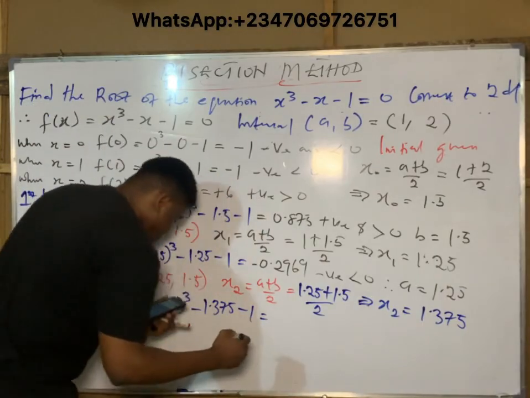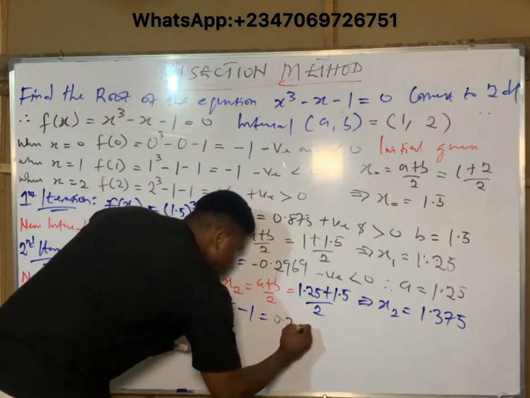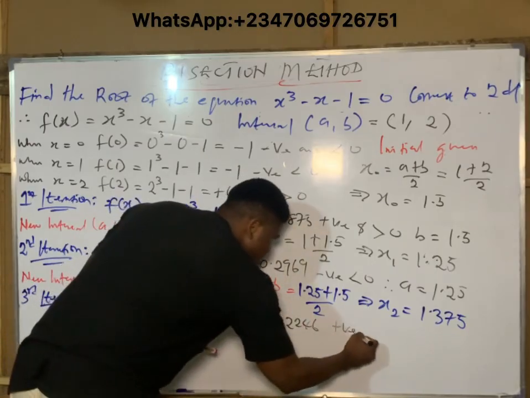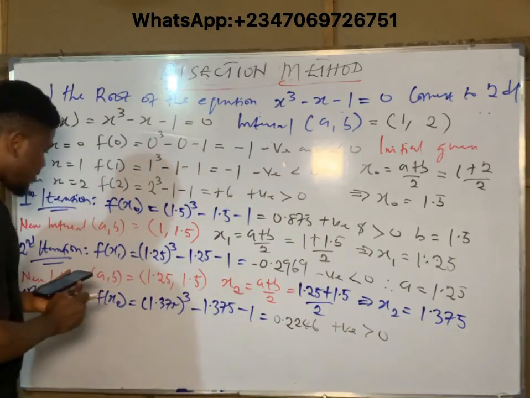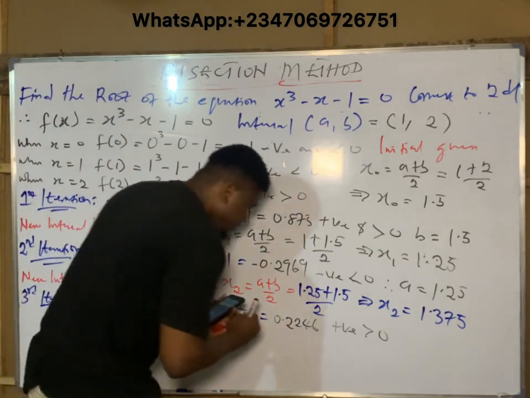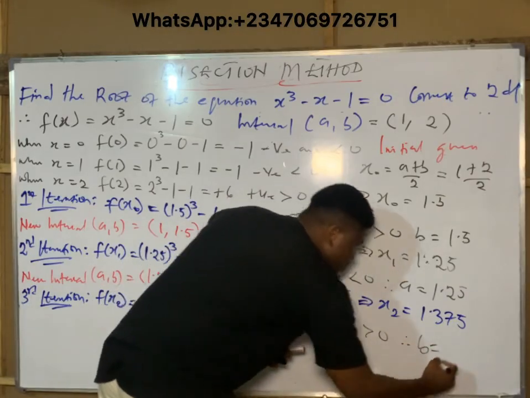So correct to 4 decimal places, this gives us 0.2246. Now, once again, this is positive and it is greater than 0. So remember I said any value that causes the function to be positive automatically becomes b. So we have a new value for b.